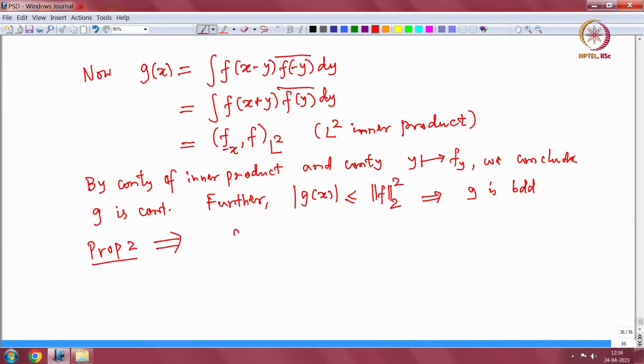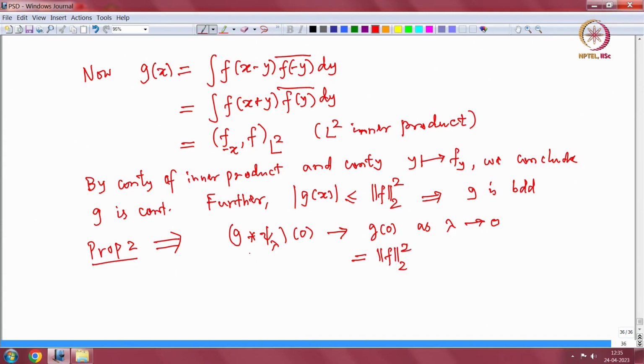Now you apply proposition 2, which implies G star psi lambda at 0 converges to G of 0 as lambda tends to 0. We are interested only in 0 because we already computed this limit at 0. But what is G of 0? You just put x equal to 0 there, so f of minus y, and precisely you get the L2 norm of f squared.